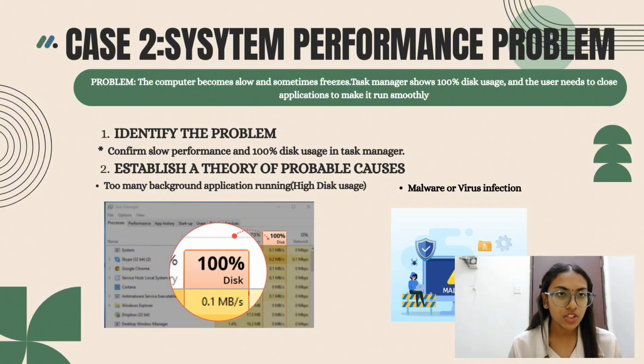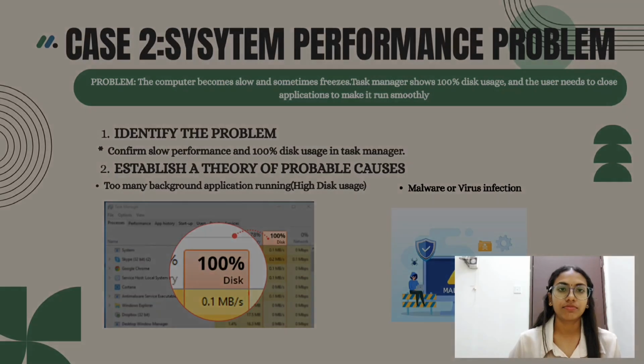For the troubleshooting steps, for the first, identify the problem. Confirm slow performance and 100% disk usage in Task Manager. Establish a theory of probable causes. Too many background applications running causing high disk usage, and also malware or virus infection.